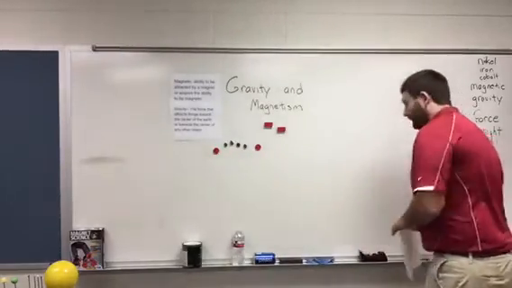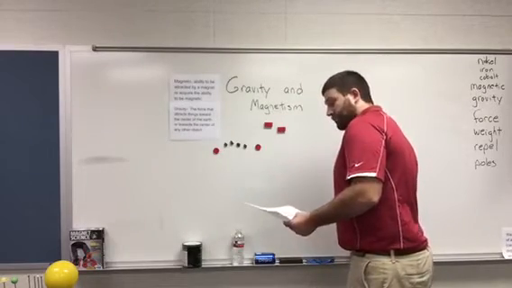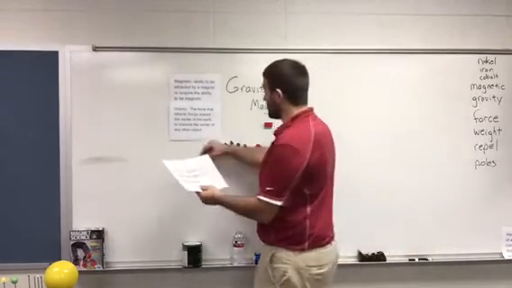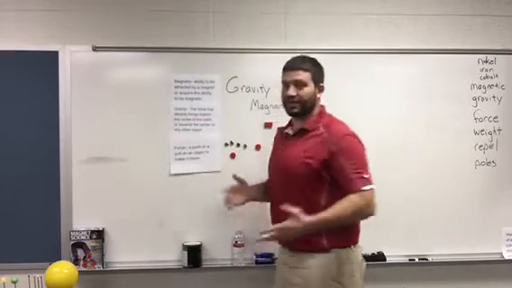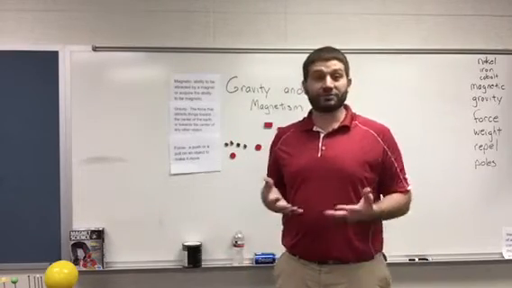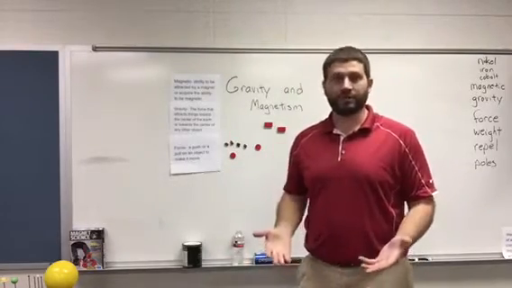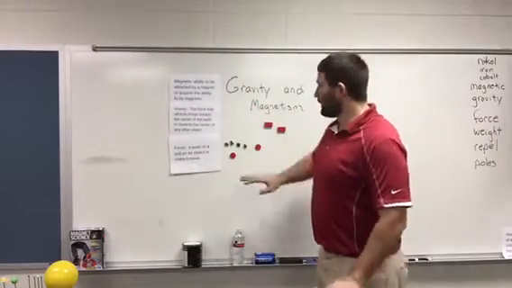So gravity is the force that attracts things towards the center of the Earth or towards the center of any other object. The next one, a force. A force is a push or a pull on an object to make it move. So every day there is a force on you holding you down to the ground. If there wasn't a gravitational pull pulling you down, you would drift off into outer space. So that's a force that's holding us down on Earth.